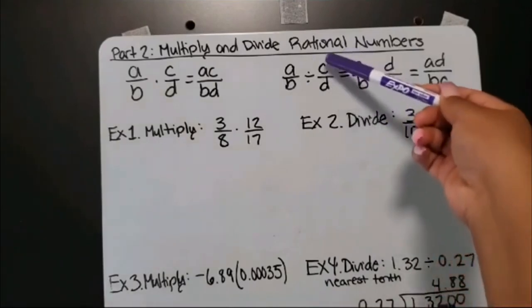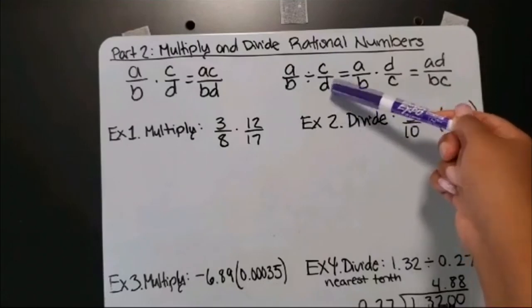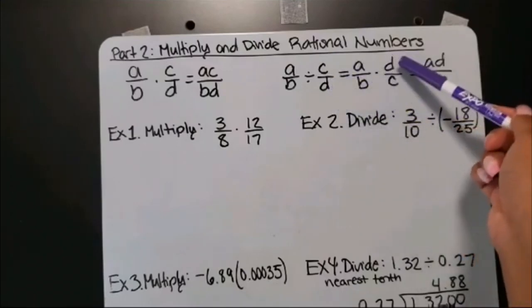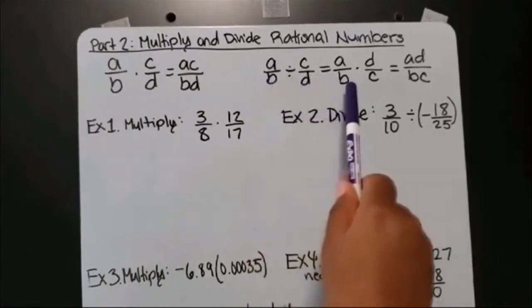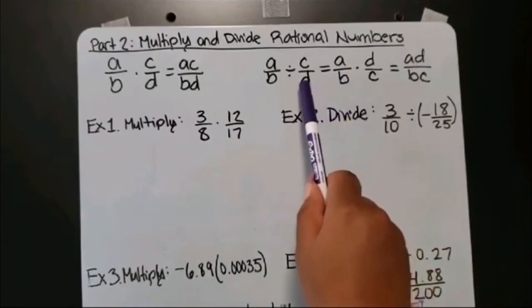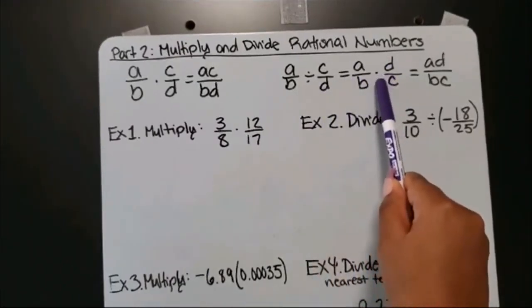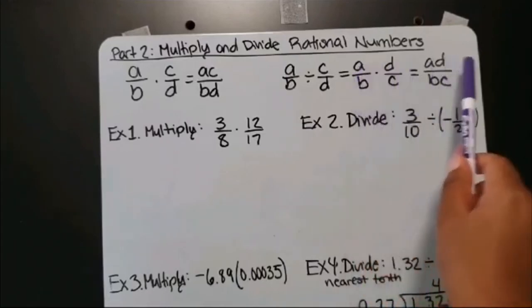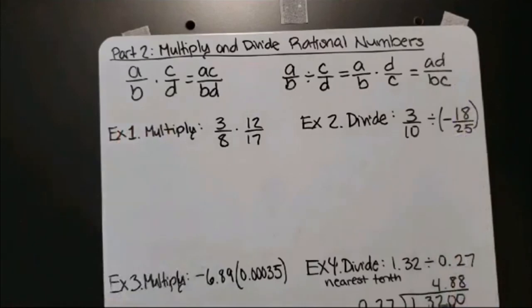So that means that the numerator will become the denominator and the denominator will become the numerator, all right? So when we divide fractions, we have to multiply by the reciprocal, okay? So we keep that first fraction the same, we flip the second one, make sure we put our multiplication symbol in there, and then we multiply straight across just as we did here.